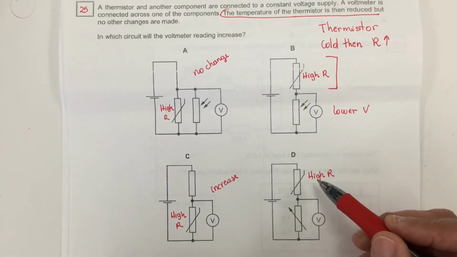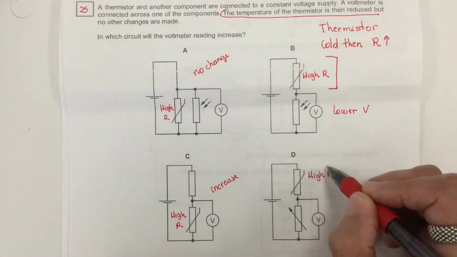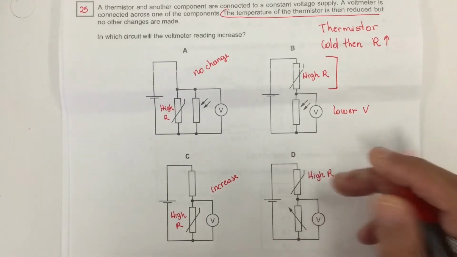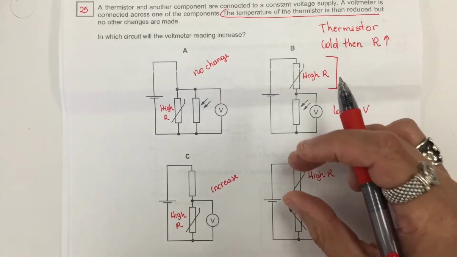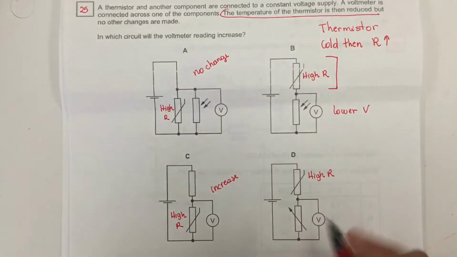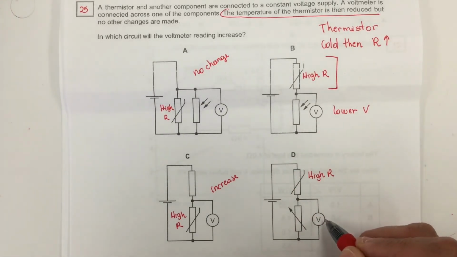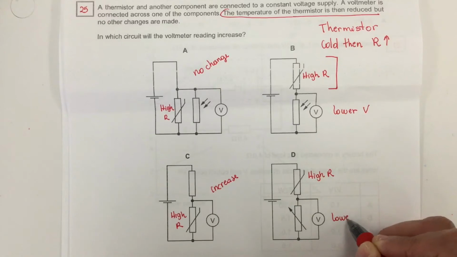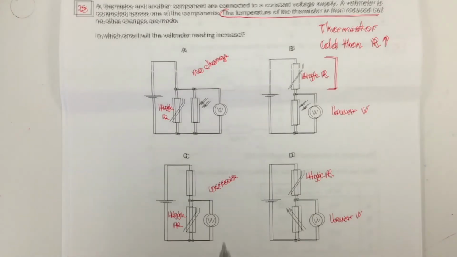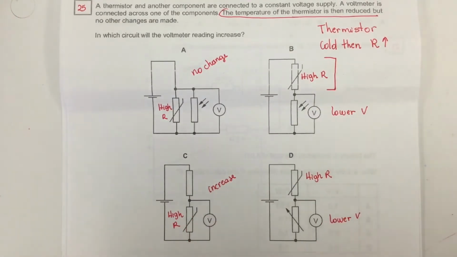Since the resistance is higher, the voltage drop on this will be way higher than this. So this here is going to read a lower V. So the best option for this problem is option C.